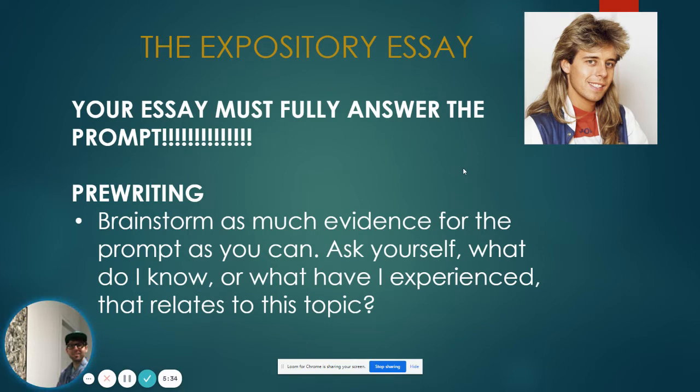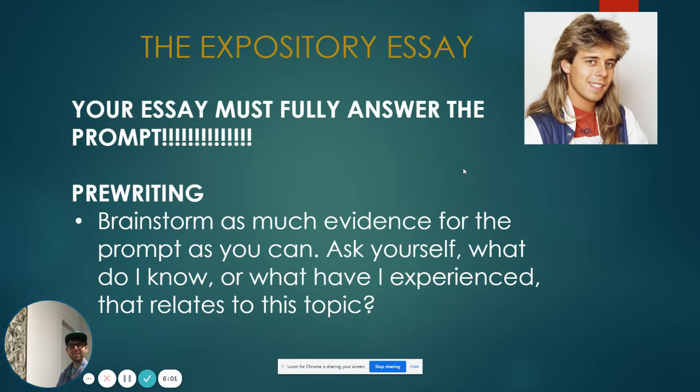So during the pre-writing section, what you should do is brainstorm as much evidence as you can, whatever the prompt is asking about. So for that prompt, we could have just started saying, okay, what are the benefits of making time for work? And just started listing things like relaxation, stress relief, or for play, relaxation, stress relief, friendships, just start listing things and then get more and more specific.